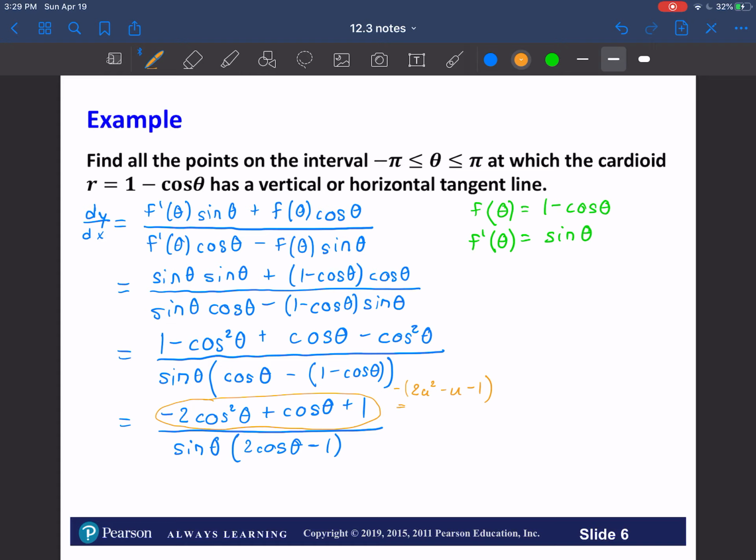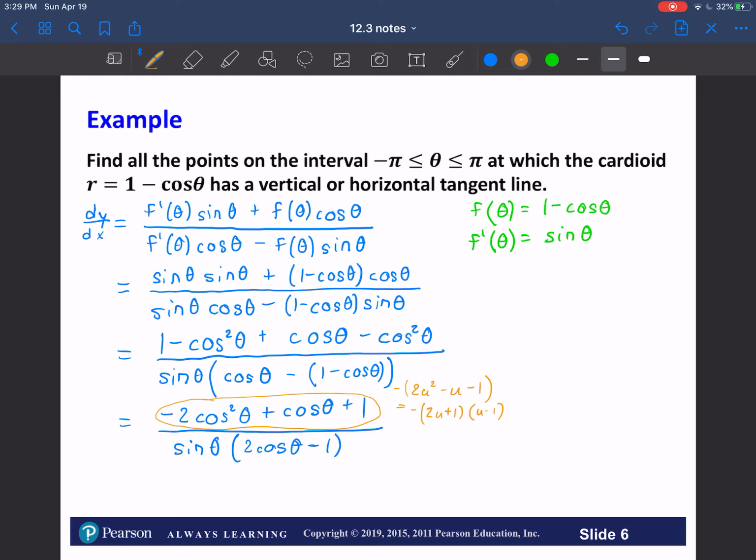And so if we factor that, we can write it as negative, let's see, what do I want to do? I want to write this as negative 2u plus 1 times u minus 1. Okay, let me make sure that makes sense. Get 2u squared plus u. Yeah, that looks good.